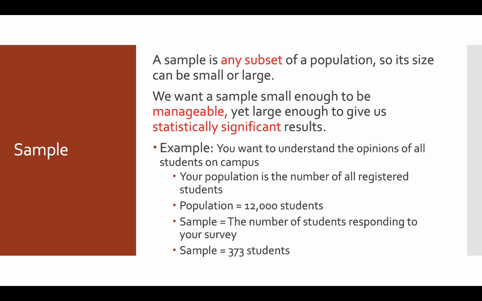It's the whole. So we take a sampling of that population, which is any subset, so it can be really small or really large. But we need to get a sample that's small enough to be manageable. If you have thousands and thousands of records, you're going to have a pretty strong database for your analysis.